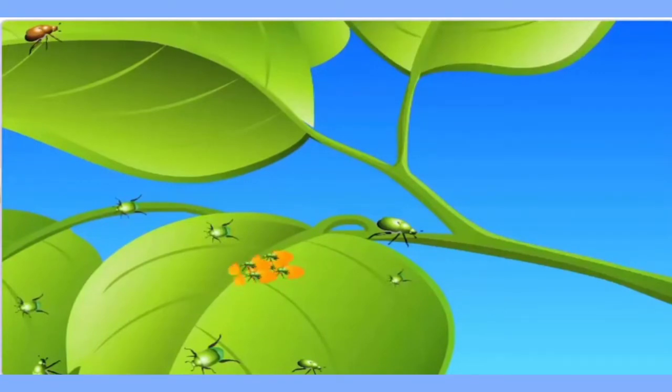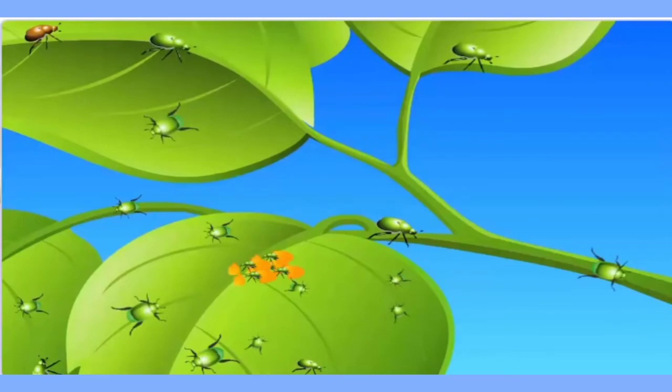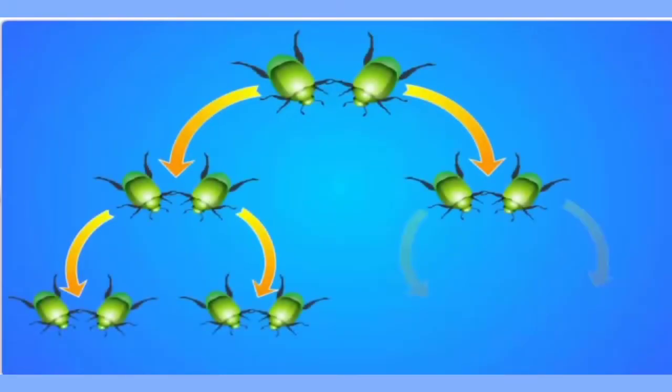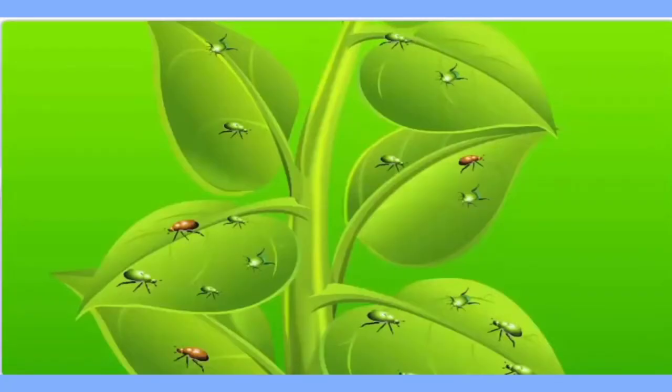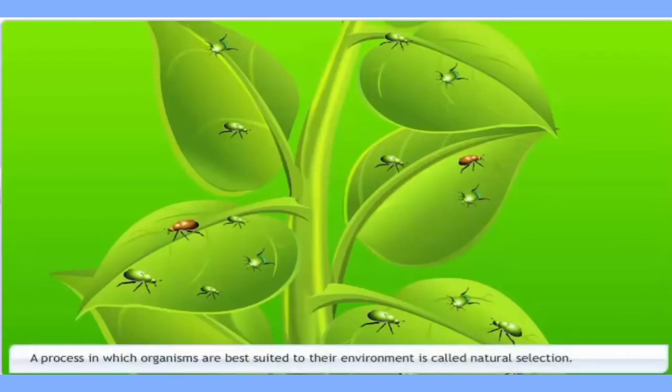Green beetles, which are likely to survive, will bear the responsibility of producing offspring. They will pass their genes for green coloration to their offspring. Therefore, the green beetle is better adapted to the environment than the brown beetle. This process in which organisms best suited to their environment survive is called natural selection.